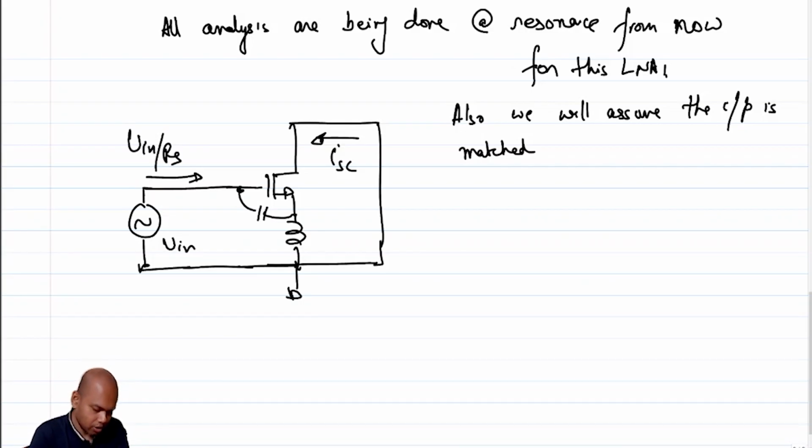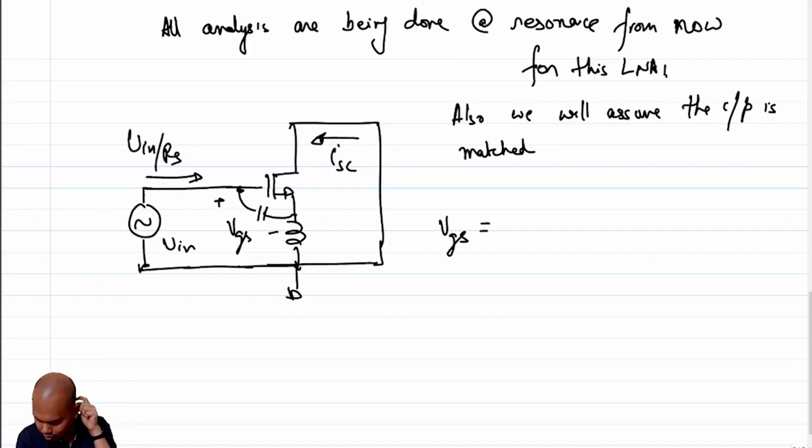Okay. So what is this voltage? What is VGS? Your VGS, I should write capital, because I think I have been guilty of using small VGS while I was using even Laplace or phasors.